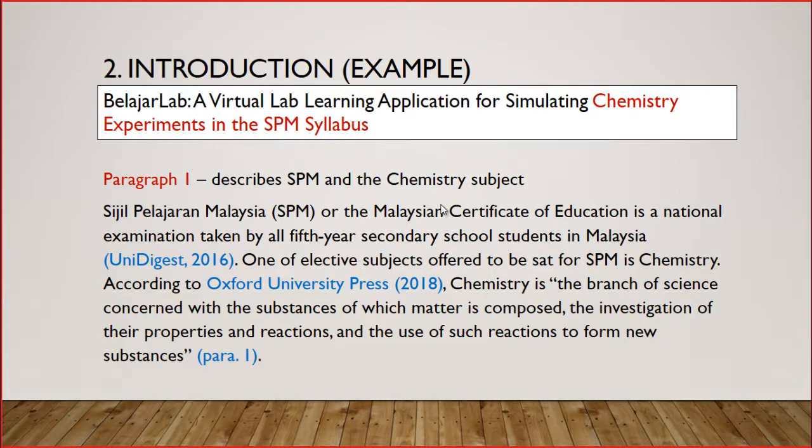The third line within this paragraph, she decided to say, what is chemistry? Chemistry is the branch of science, and so on. You can see that within the first paragraph, she did not highlight the application and so on. She highlighted the area of interest. Okay, introduce that. This is paragraph 1.